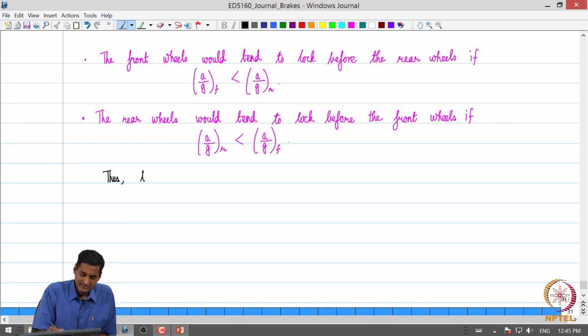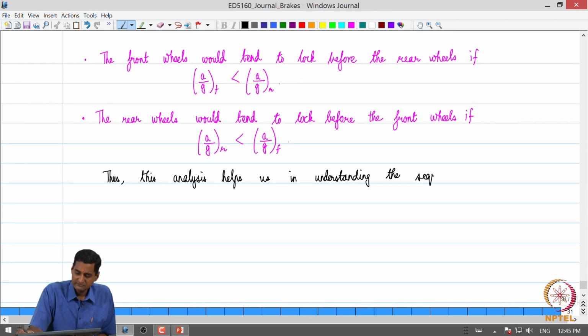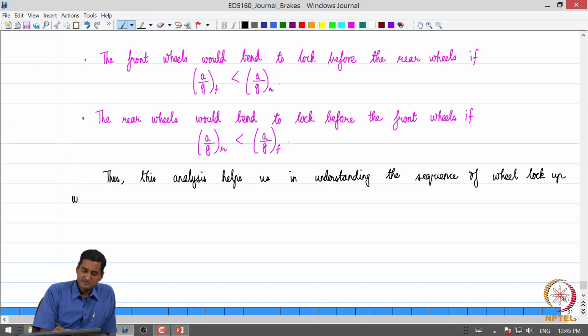Thus, this analysis helps us in understanding the sequence of wheel lockup under different operating conditions, because why?